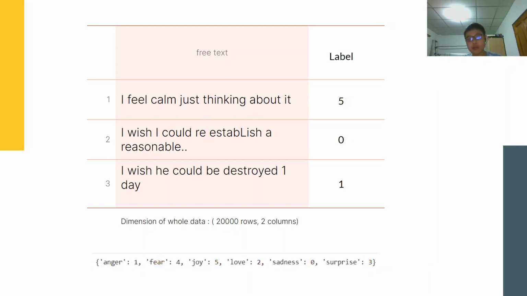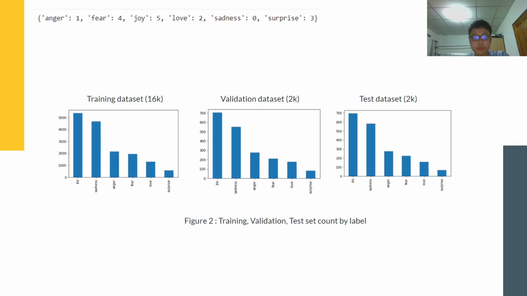However, most machine learning algorithms cannot learn anything that is not numerical, so we have to convert the labels using label encoding into integers: anger is 1, fear is 4, and so on.